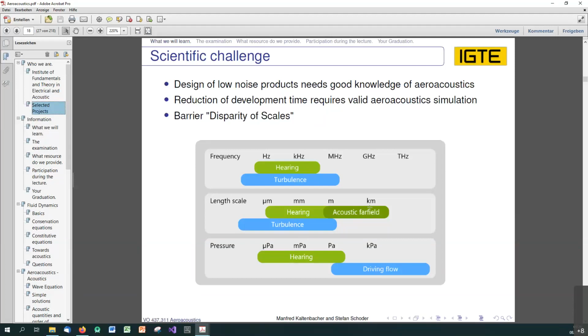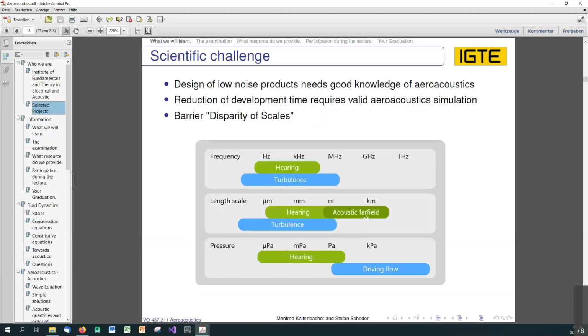So the length scale means the distance, not the wavelength, but just the distance. Yeah, okay, the distance. But it could also be the wavelength.